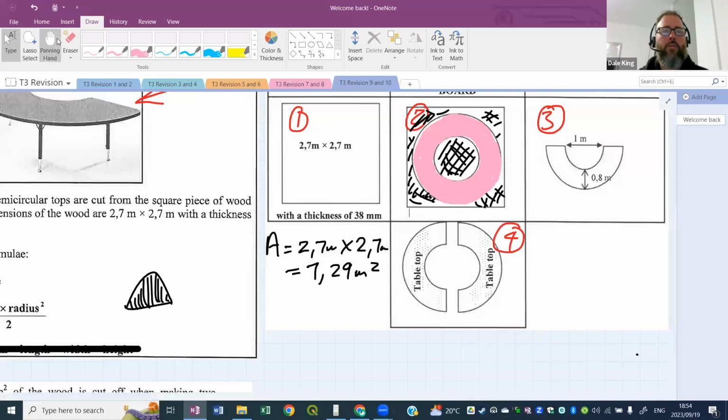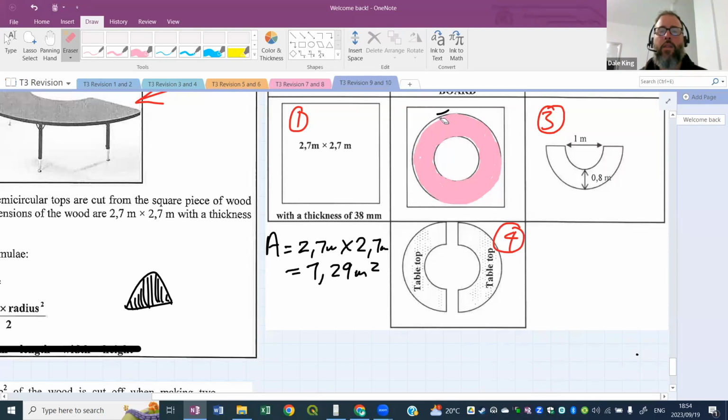Okay. Now, before we do the semicircle, I just want us to get a mental picture of what's required here. We've got a square piece. There's the white area, and we've got the pink area there, which is the wood of the tabletop. They want to know what is the area of the white piece. So if I take the square piece and I minus the pink, I'm left with all the white that's left behind.